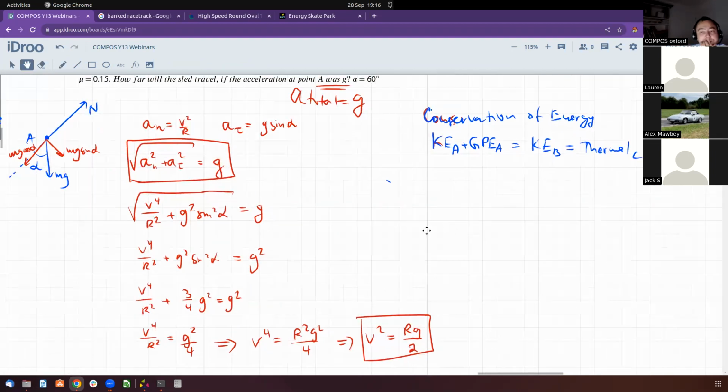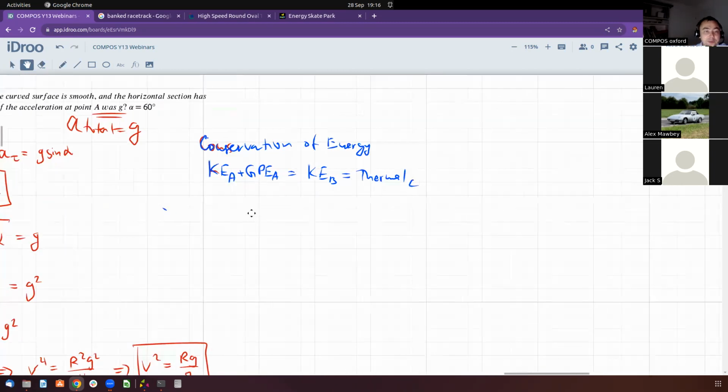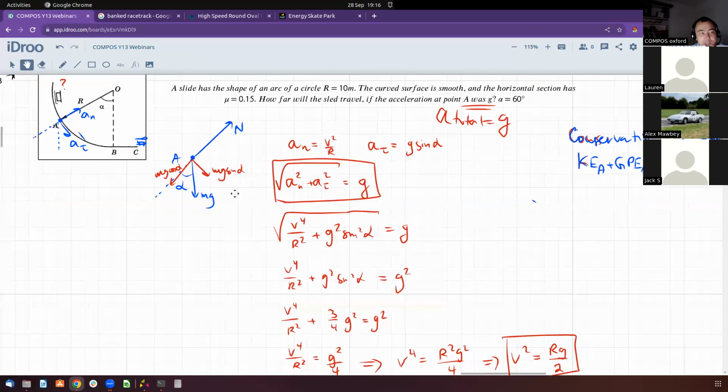And we know that the thermal energy is the work done by friction.